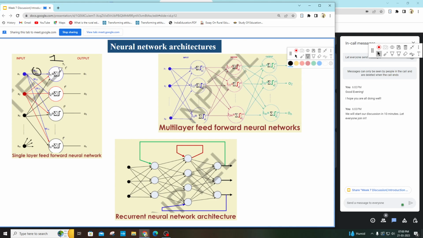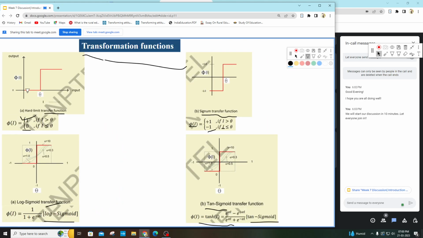this input, right? This is only the input, but how will we get the output? We get the output if we give this input to a transformation function or activation function. Like we are getting some value, let's say 5, as the input of one neuron. How will you get the output?